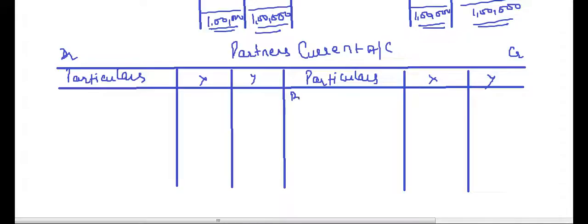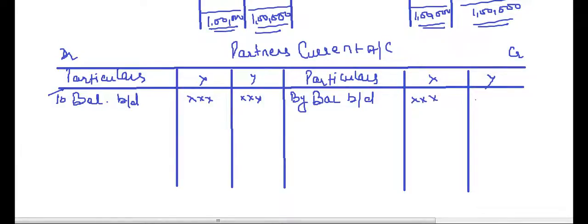We'll write that balance by balance brought down if it is a credit balance, and if it is a debit balance, we'll say to balance brought down.